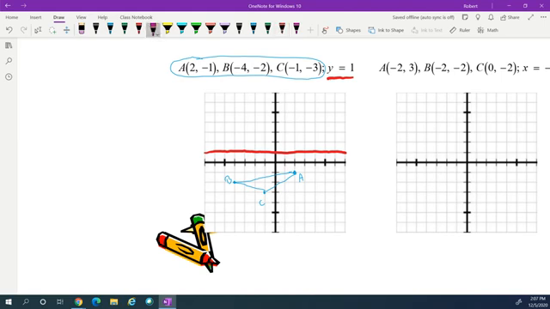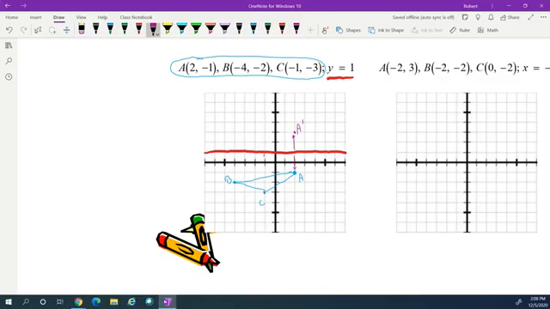And again, we have a formula that can be used. Y equals a number, so the rule says keep x by itself, 2 times the number from the equation minus the original y. But my suggestion to you is count. A is 2 down, A prime is 2 up.